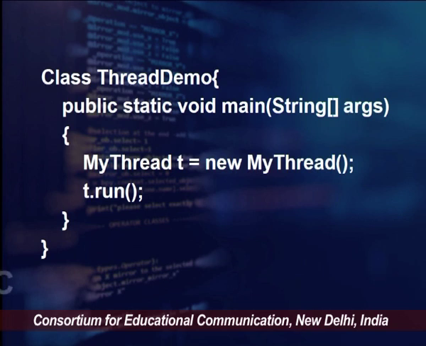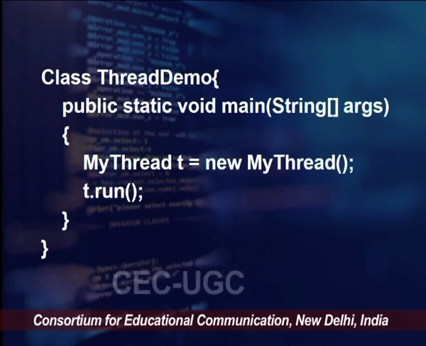Inside that we have a main function, and in this main function we have created an instance of the class MyThread. But instead of using that instance variable to execute start, we have directly executed the run method as shown on the screen. So, MyThread t = new MyThread; t.run.